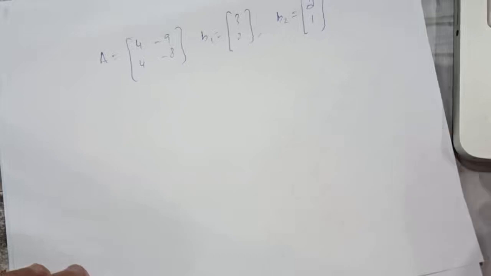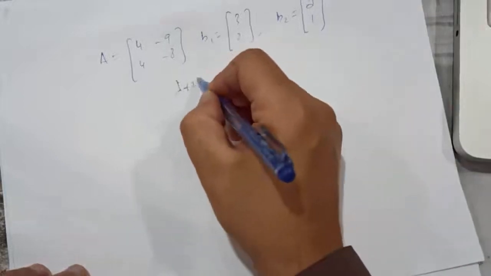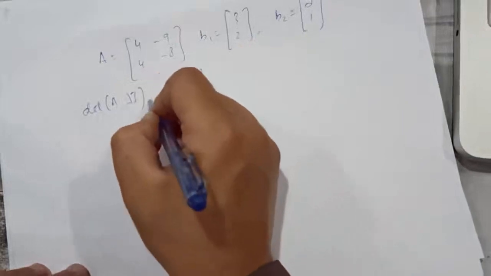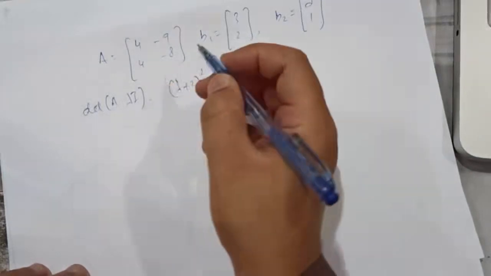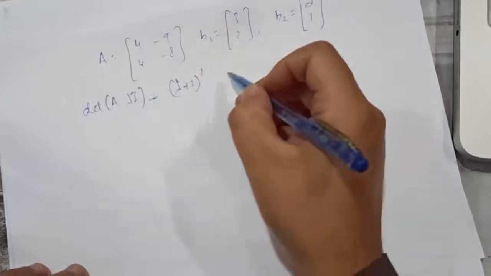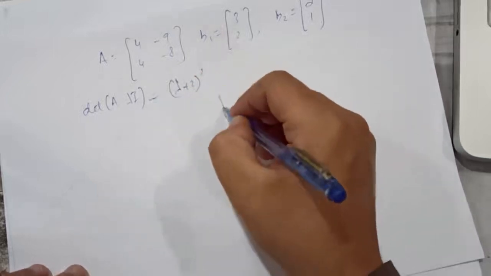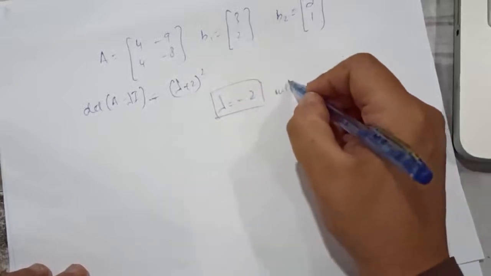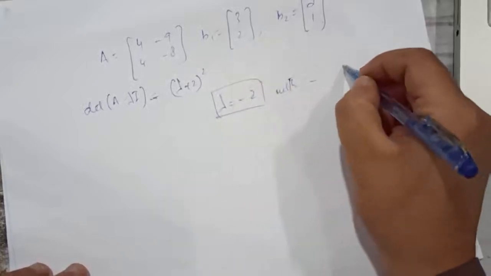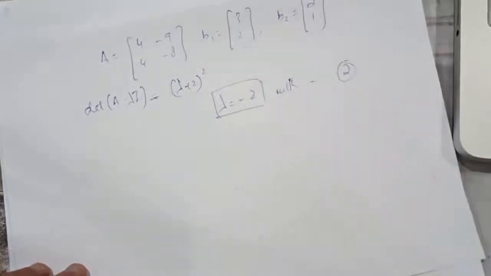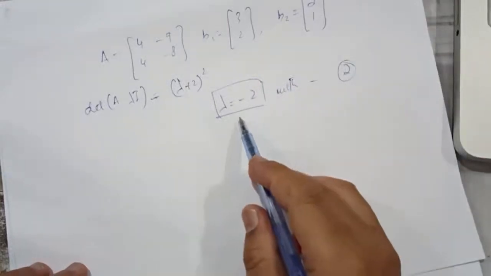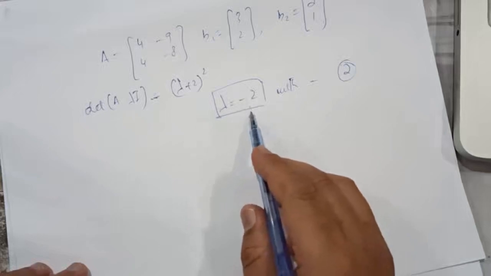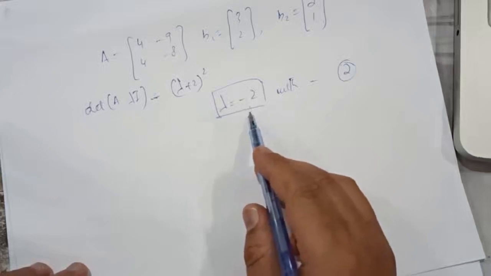The characteristic polynomial, the determinant of A minus lambda I, is lambda plus 2 whole square, and gives us the eigenvalue minus 2 with algebraic multiplicity of 2, right? Now the thing here is, if you try to find the eigenvector corresponding to lambda minus 2, it will only have one vector, right?